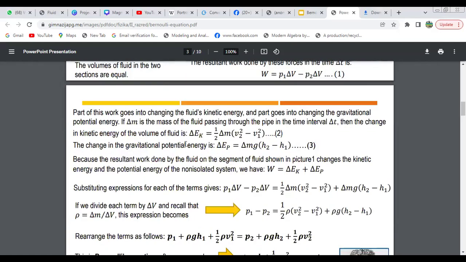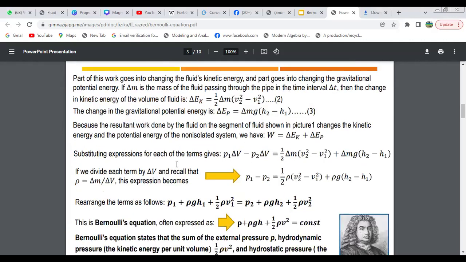Now the total change in kinetic energy is half m (V2 squared minus V1 squared), and the potential energy change will be mg times the difference in height. So the total work done will be kinetic energy plus potential energy. Substituting the expression for each term, just putting the values here.